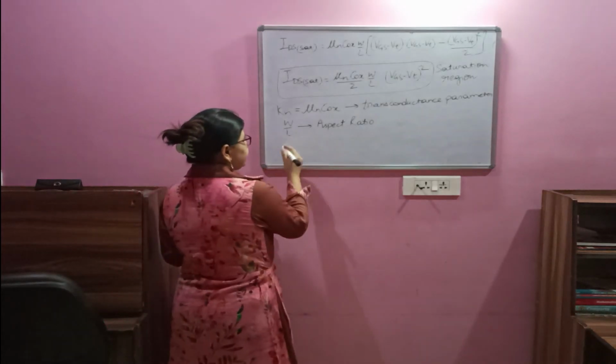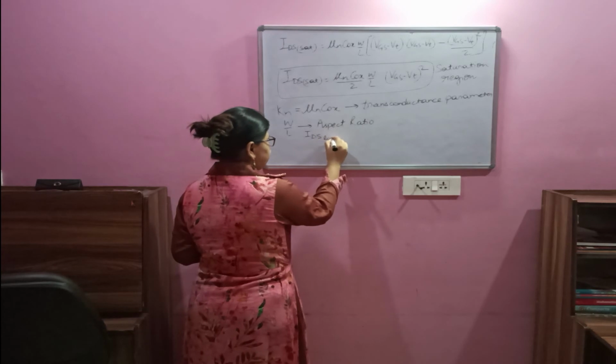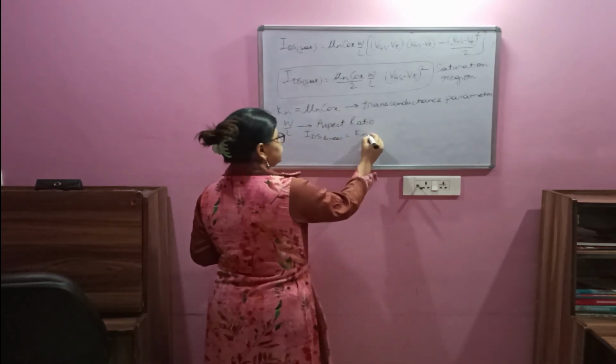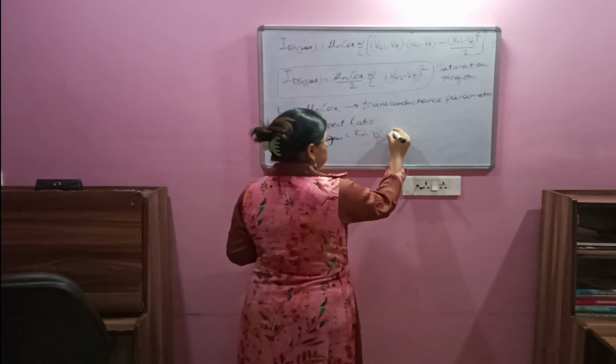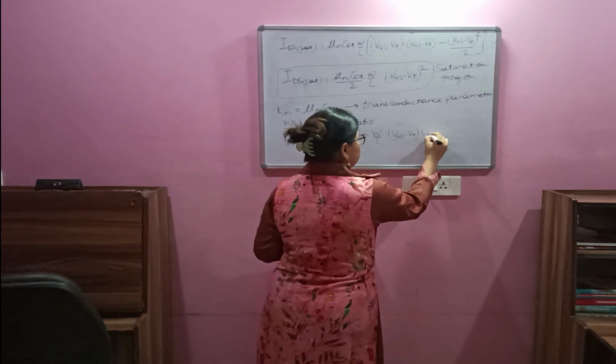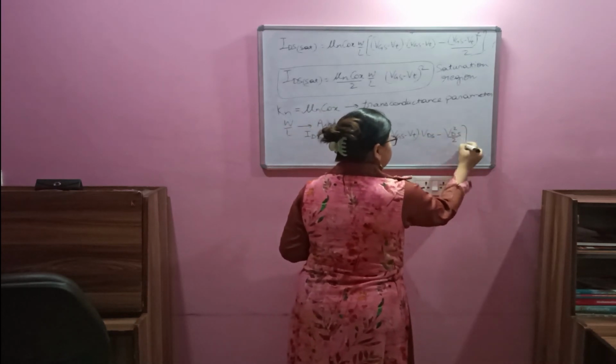So now we can write both equations. IDS linear will be written as Kn into W by L into (VGS minus VT) into VDS minus VDS square by 2.